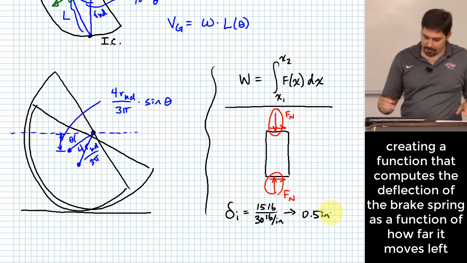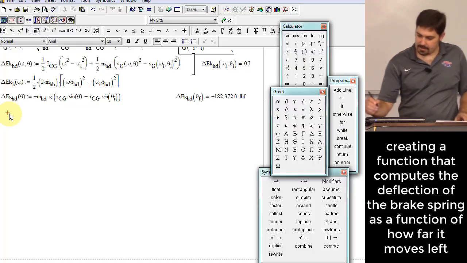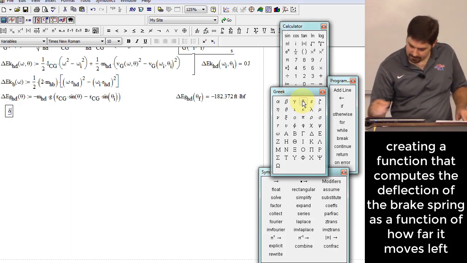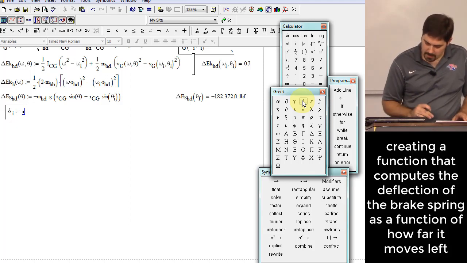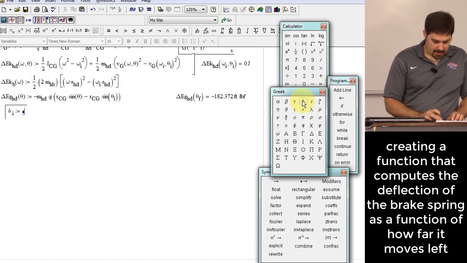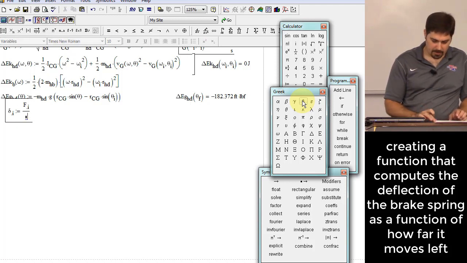So why don't I go ahead and get that implemented into Mathcad here real quick. So delta sub I is going to be equal to, let's see, I think I called it F sub I, yeah, that's what it was, F sub I over my spring constant K.